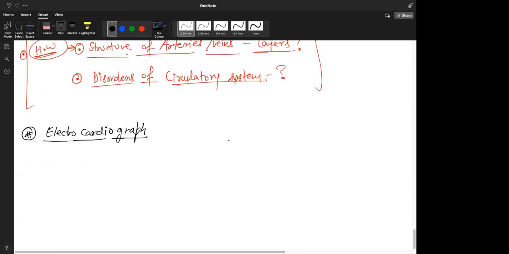ECG is not just random up and down. It has a lot of information. It is called the PQRST graph. So let's see how an ECG is formed.